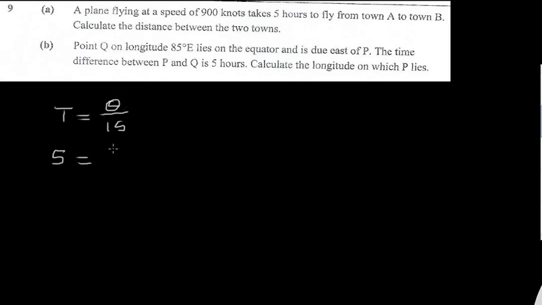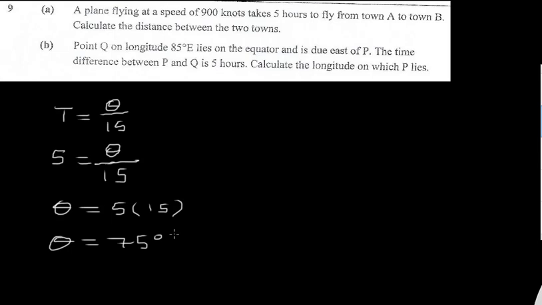So we'll say difference in longitudes. You can denote this with whichever symbol you want. And we would have 15 at the bottom. So the difference in longitude is equal to 5 multiplied by 15, and 5 times 15 gives us 75 degrees.